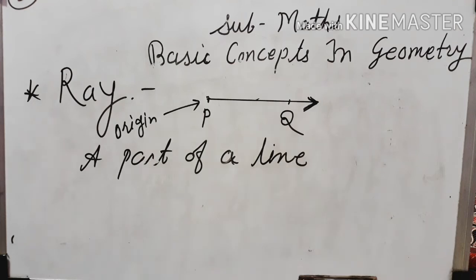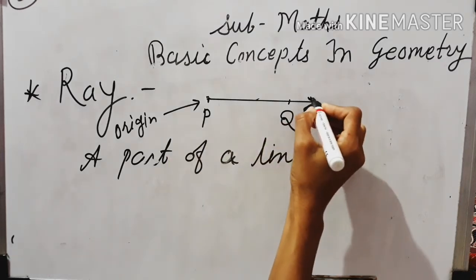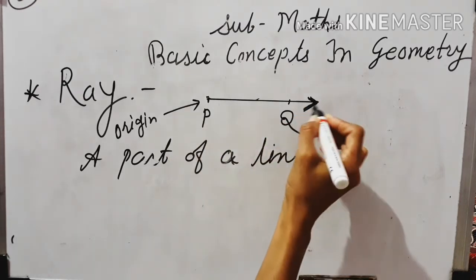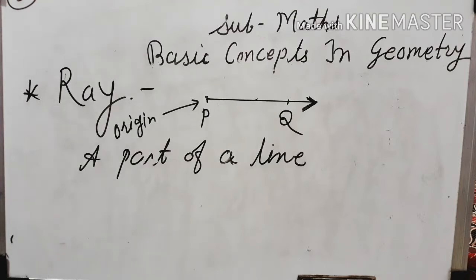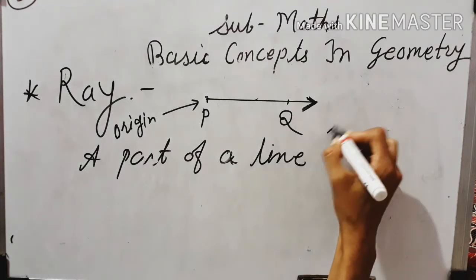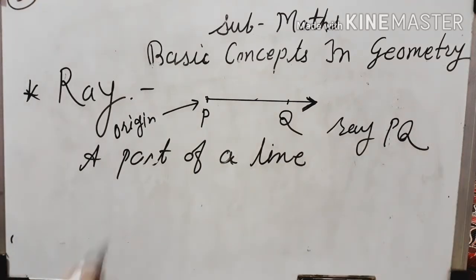This is drawn to show that the ray is infinite in the direction of Q. And we can read the figure of this ray as ray PQ.